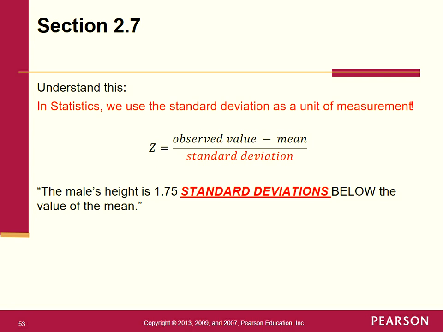It's a unit of measurement now. That's actually one of the main jobs of the standard deviation: to say how far is that thing from that thing in terms of the standard deviation. And this is our first example of it. How far away is this from the mean? That's what we call a z-score, in terms of standard deviation, not in terms of the units of x. So this is a really important concept: we use standard deviation as a unit of measurement.